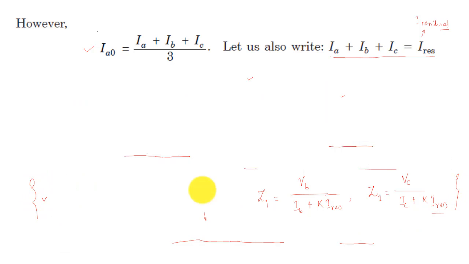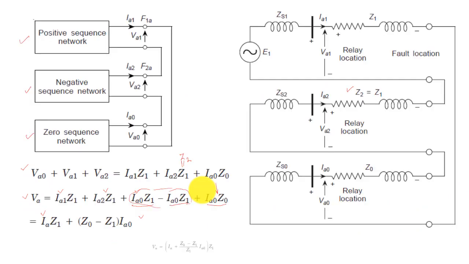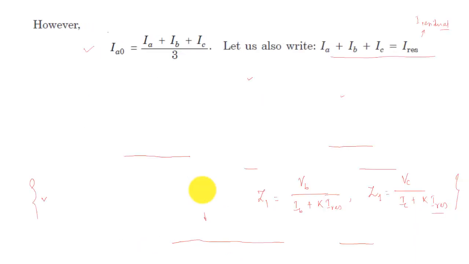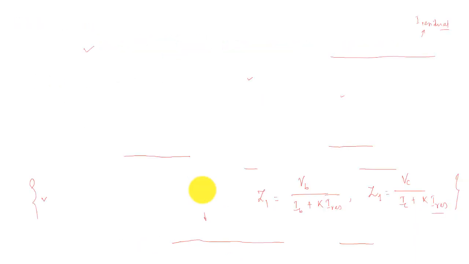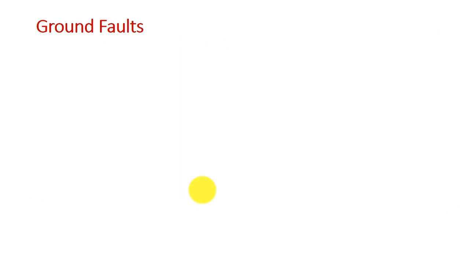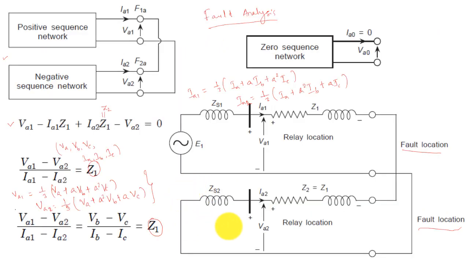Similarly, in case of phase faults, we found Z1 is equal to VB minus VC divided by IB minus IC for fault between phase B and C. Similarly, for fault between phase A and B, I can write Z1 equal to VA minus VB divided by IA minus IB.